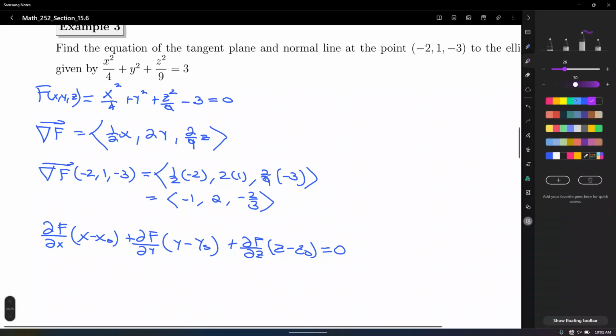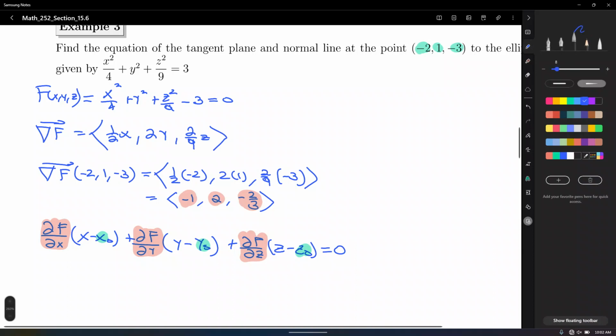So number one, x naught, y naught, z naught are these coordinates, while the partial derivatives are going to be the components of the gradient nabla of big F evaluated at the given point where we want to obtain that equation of the plane.